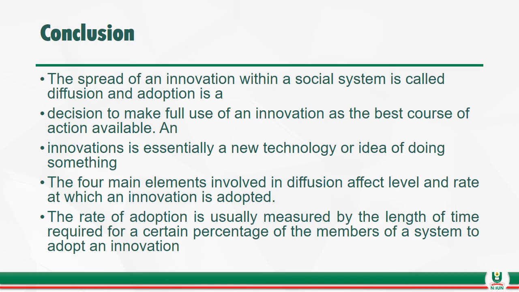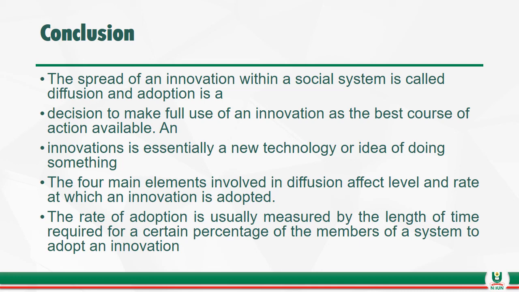Having said all this, we'll come to a conclusion of this particular unit. The spread of an innovation within a system is called diffusion. An adoption is a decision to make full use of an innovation as the best course of action available. An innovation is essentially a new technology or idea of doing something.